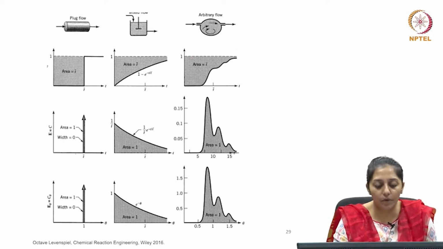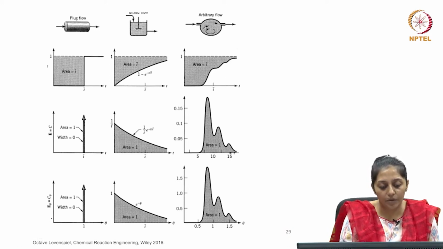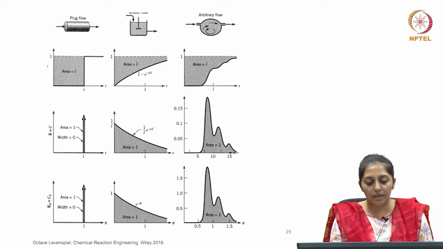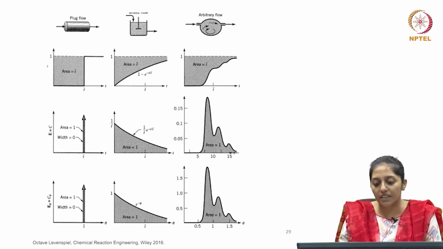For a plug flow, the pulse will come out of the reactor after the residence time, shown here as T bar. For a similar impulse, the concentration profile, where the unit is a unit impulse, E becomes equal to C and the exit will be an exponentially decreasing curve. If you convert E in terms of theta, then E theta will also be equal to C theta in case of a unit impulse, and similarly your exponential function will get converted into the dimensionless form of theta.